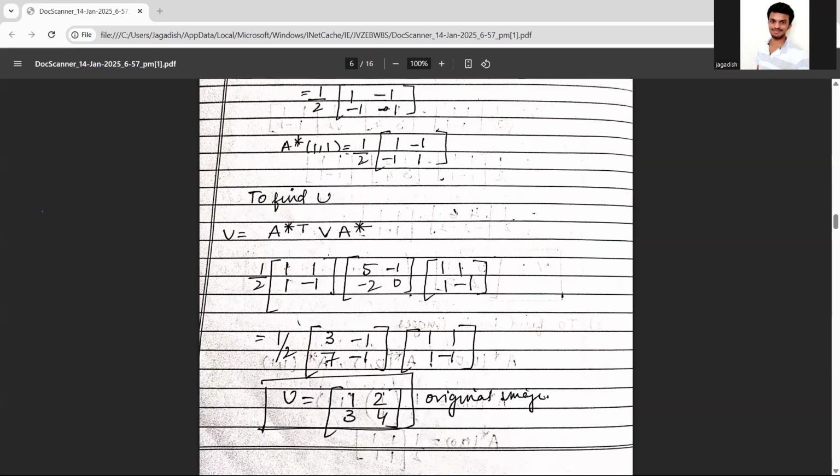Substitute that, and A star transpose remains the same according to the property. Use your matrix multiplication. See whether you are getting the same answer, 1 2 3 4, the original image. Are you getting back the original image when you multiply?